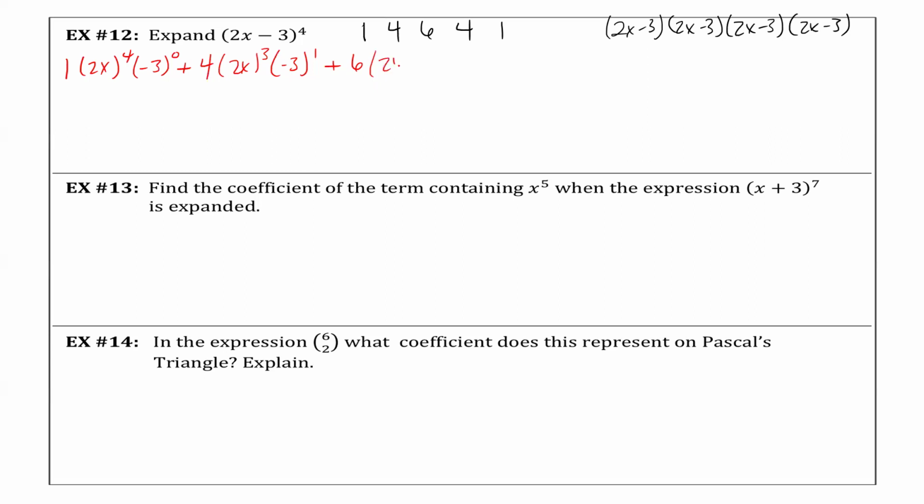Now we're at 2x to the 2nd, -3 to the 2nd. Now we're on to +4. And that puts us at 2x to the 1, -3 to the 3rd. And then finally, +1. And that puts us at 2x to the 0, -3 to the 4.